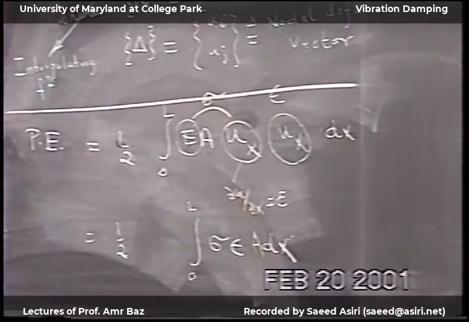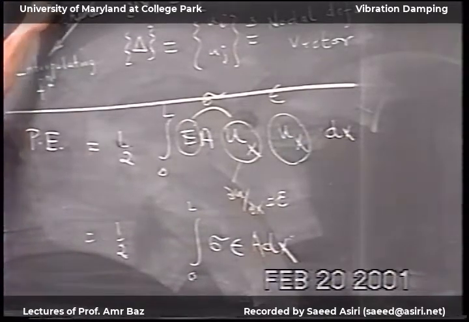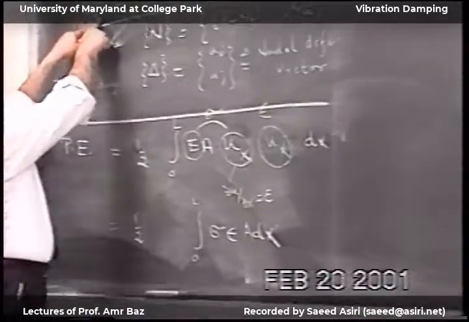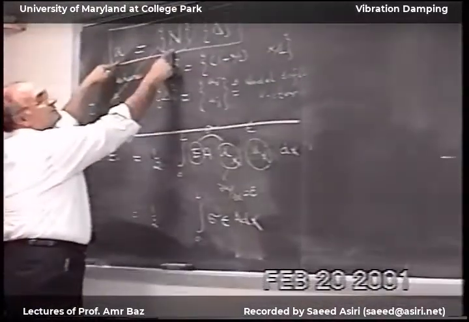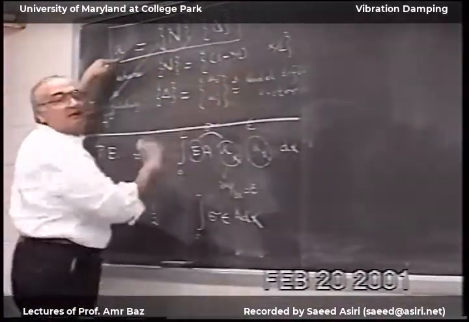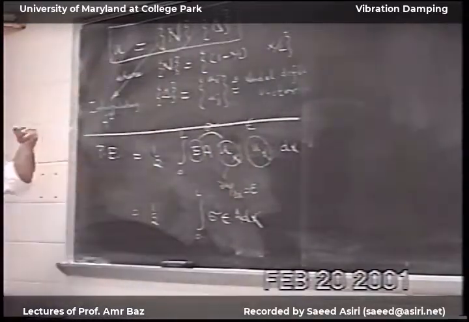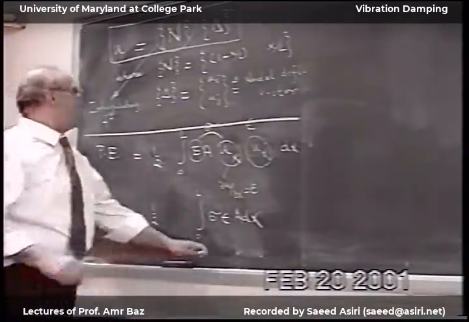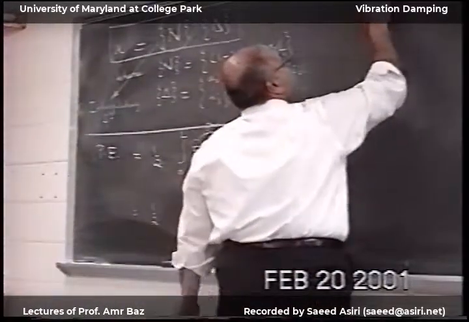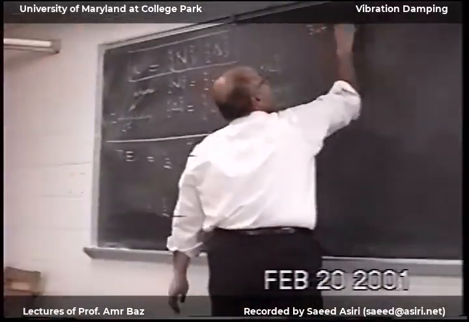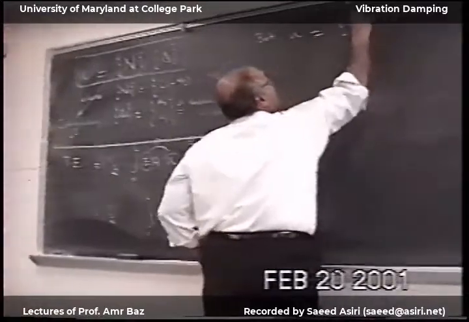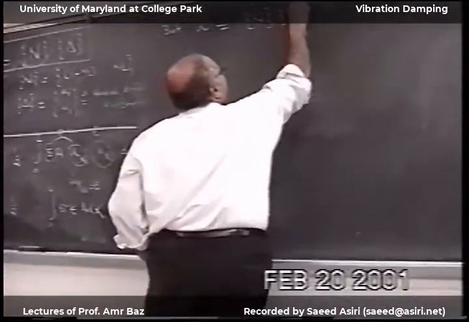So what we will do, we have an expression for u. I'll replace it by the partial derivative. This term is the only term that depends on x. So I'll replace these two from here. And then we extract the stiffness matrix. So now here, but u is equal to N delta.